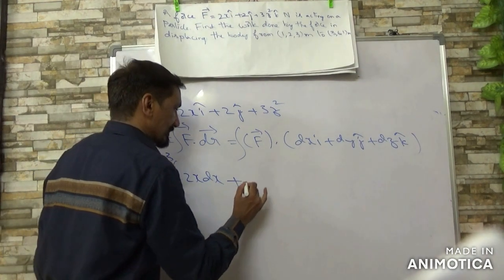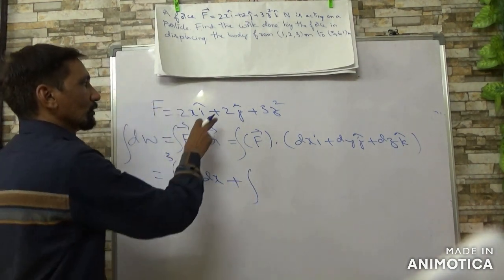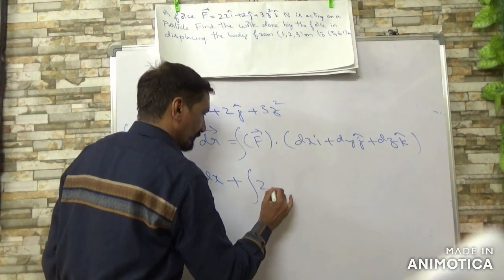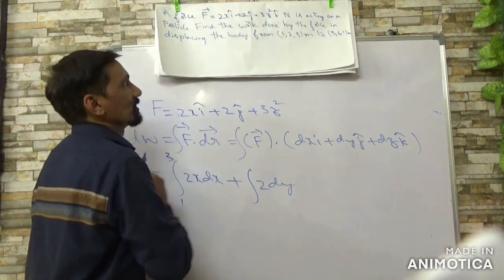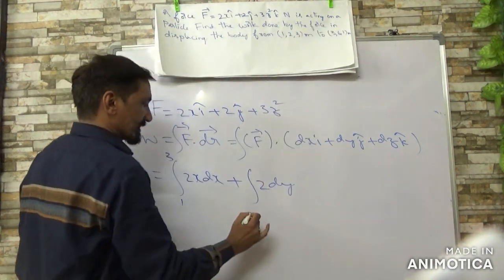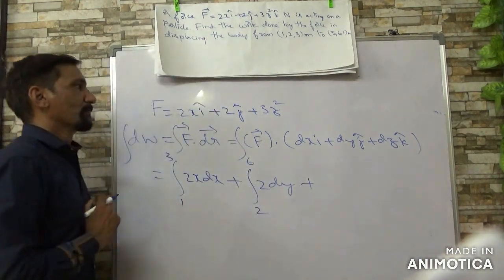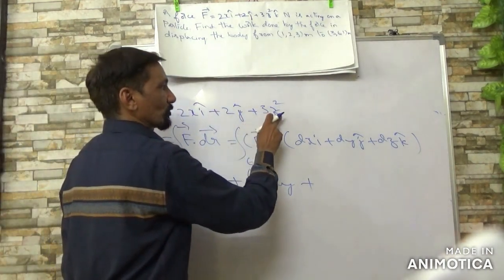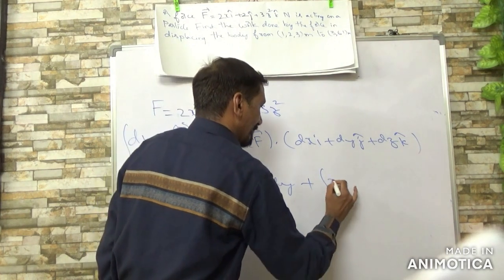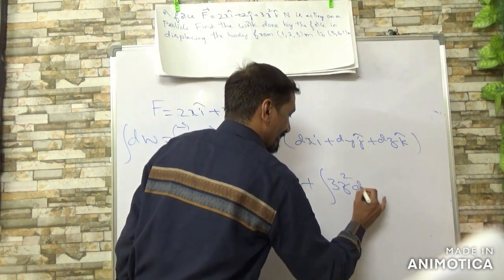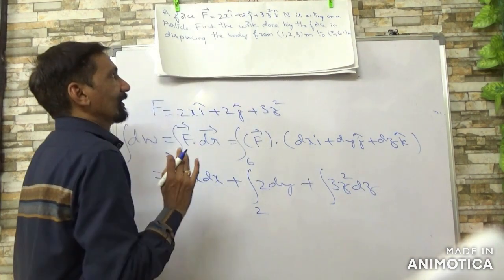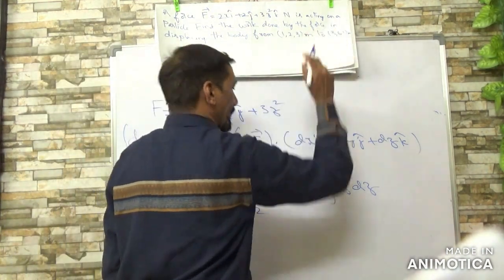Plus the second one, 2 dy, y limits 2 to 6. Plus the next one, the integral of 3z square dz, limits 3 to 1.